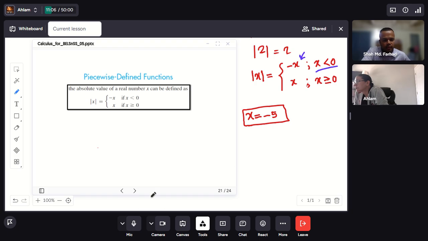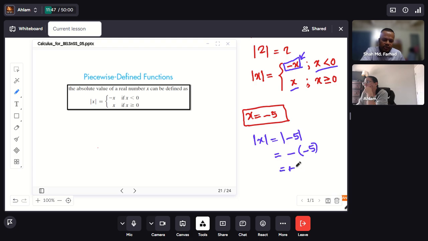But the absolute value of x is x when x is 0 or greater than 0. So if x equals -5, we have to consider the first function, that means negative of -5, so it will be +5.